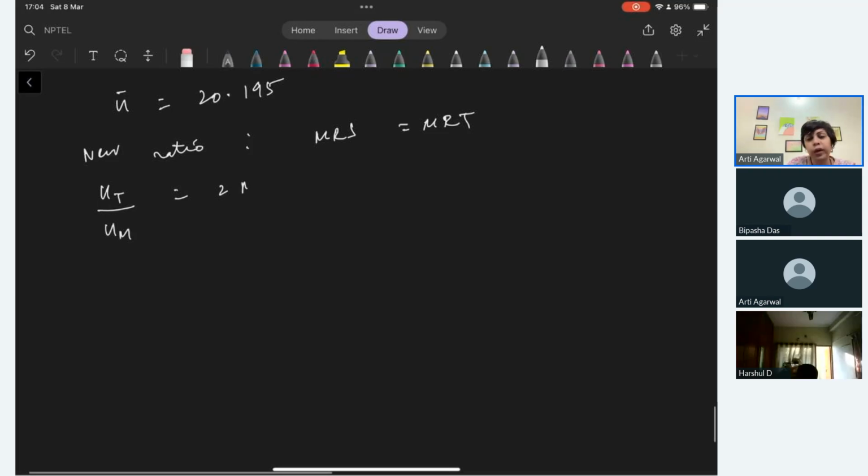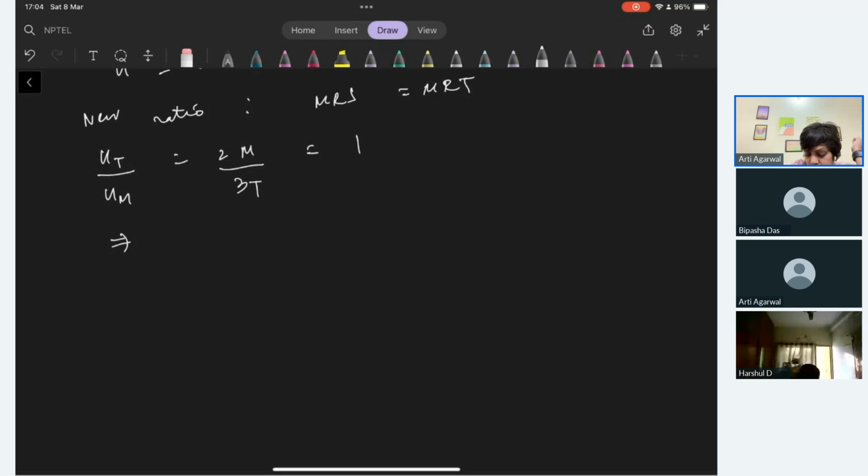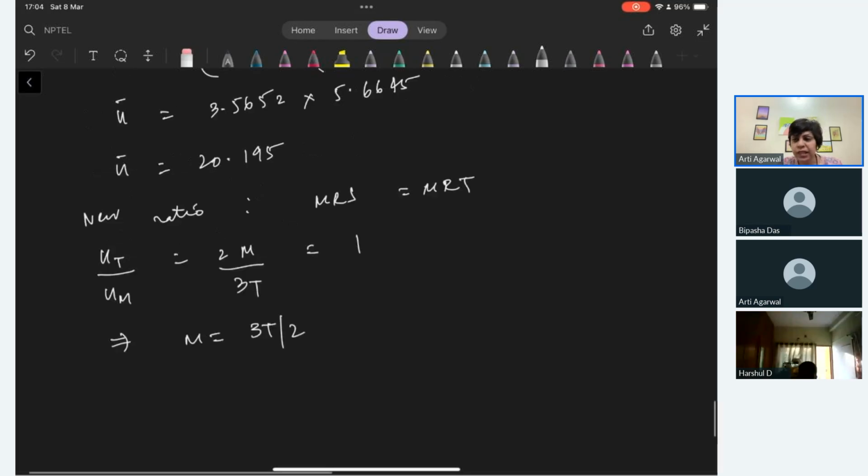Now MRT is 1. That is the beauty of it. So this time your MRT is a much simpler expression. So M becomes just 3T by 2. And now what do we have to calculate? We have to calculate the value of T, right?